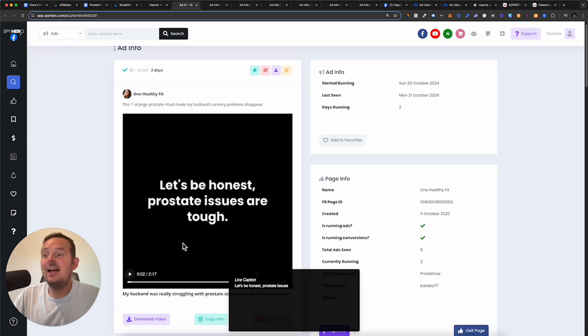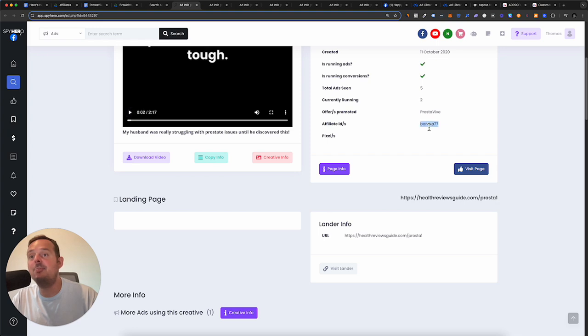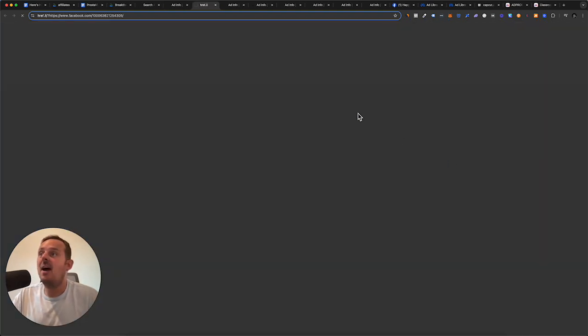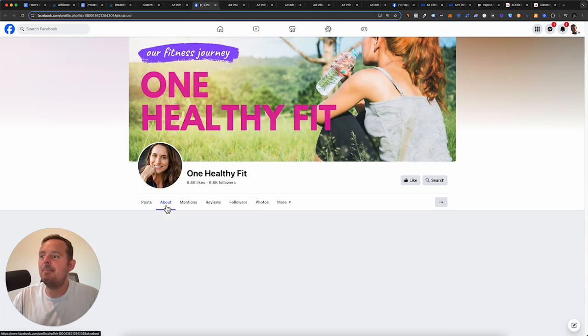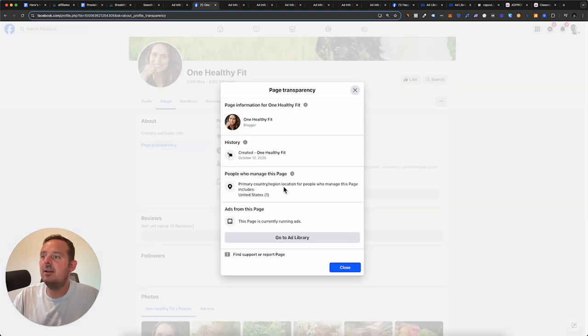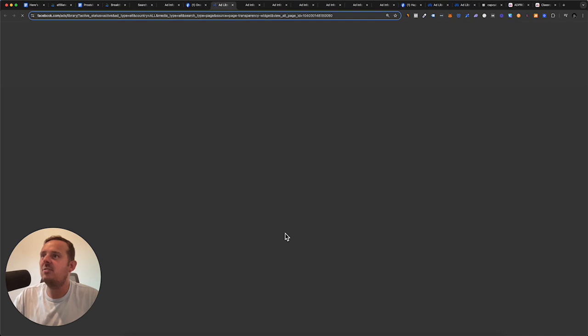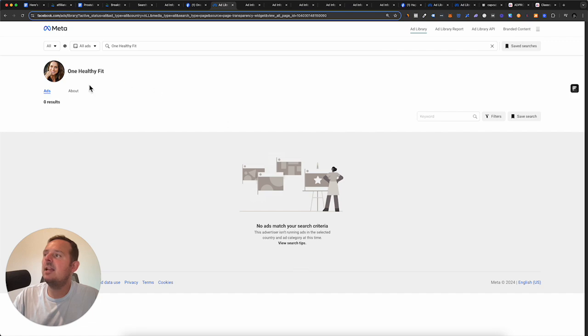Prostate issues are... That seems to be the exact same creative. In fact, it is, because I can see their affiliate ID there as well as the same. And that seems to be the same page. So again, this is just Spy Hero being a little bit... Although it does say it's currently running ads. So why are we not able to see any ads running if it's currently running ads?